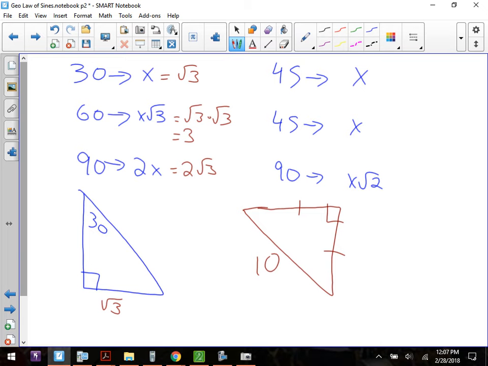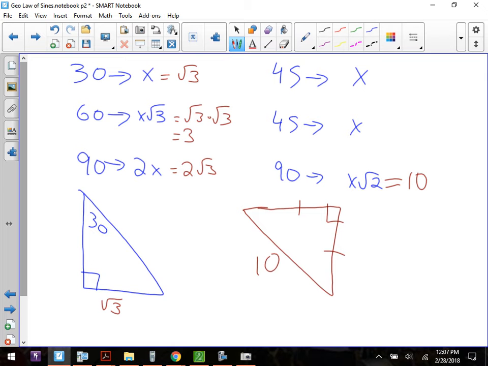Because remember, that 90 is looking at a value of something times the square root of 2. So the 90 is looking at something times the square root of 2 that just so happens to equal 10.